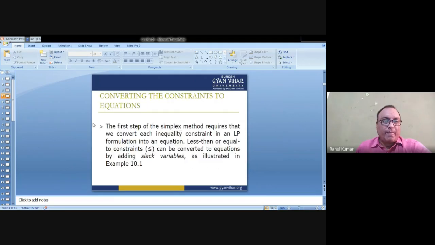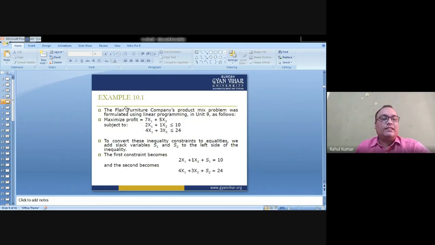This will be shown by example 10.1. This is a furniture company, and this product mix problem was formulated using linear programming in unit 9 as follows.